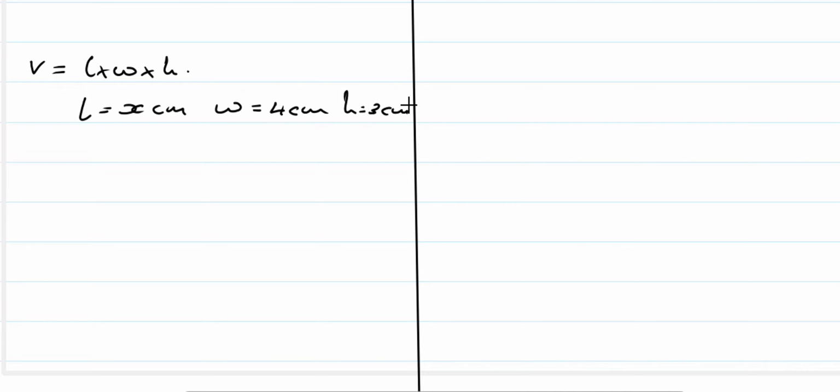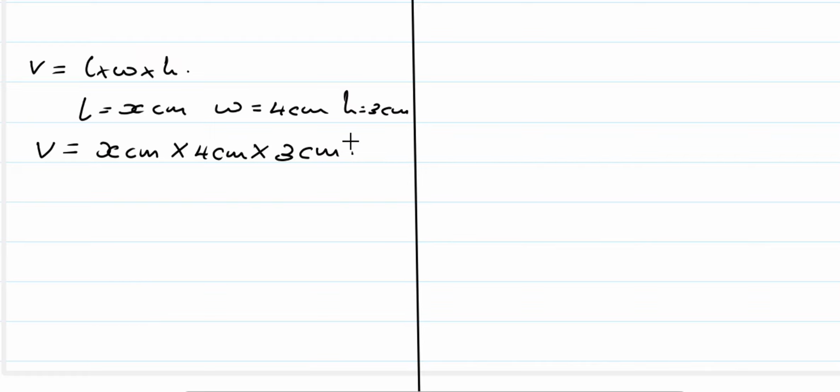So we are told to write an expression in terms of x to represent the volume of that cuboid. To do so, we just apply the formula. Volume is given by length, which in our case is x centimeters, multiplied by width, which is 4 centimeters, then multiplied by height, which is 3 centimeters.